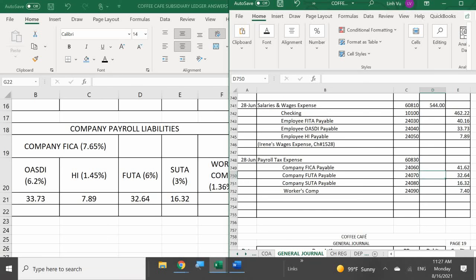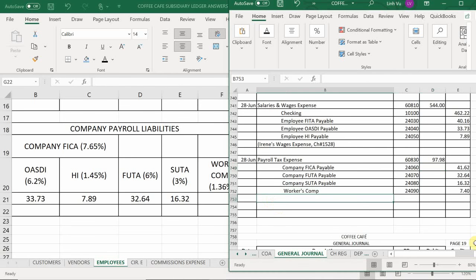So in grand total, how much was my payroll tax expense? $97.98.